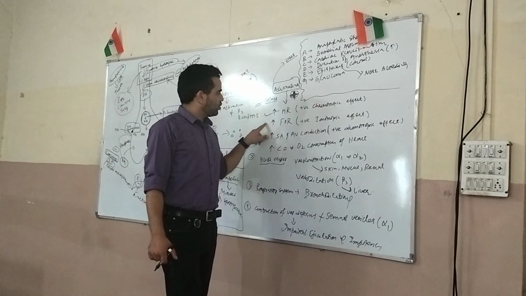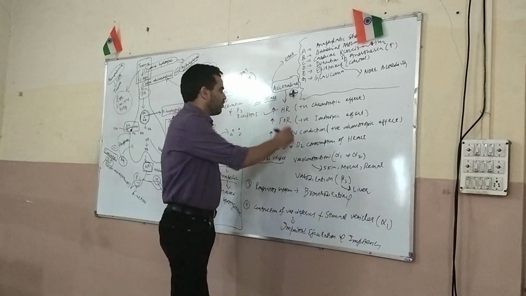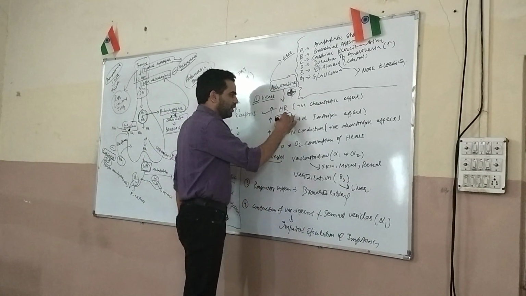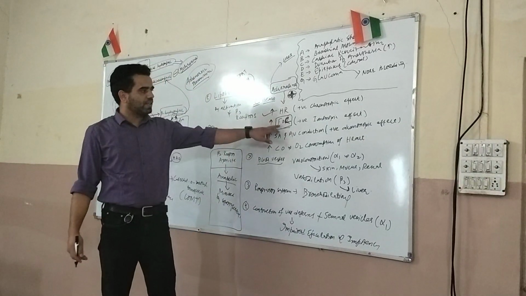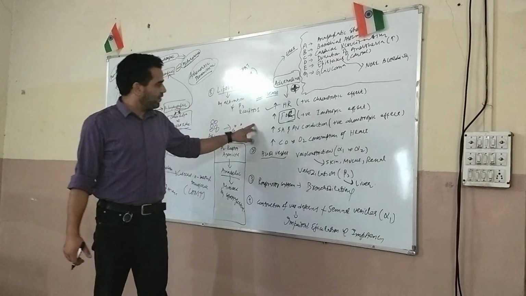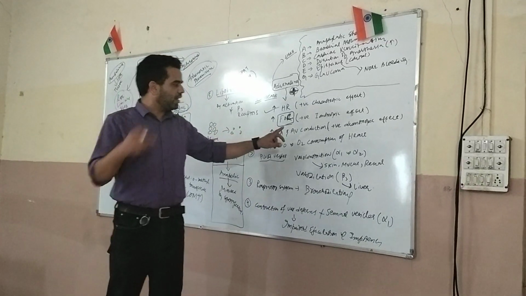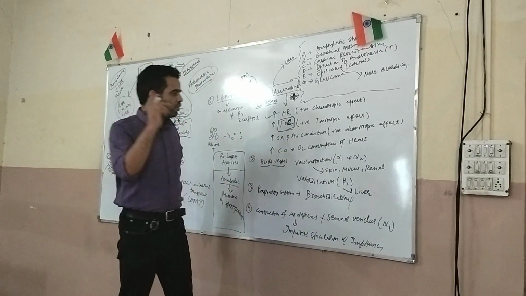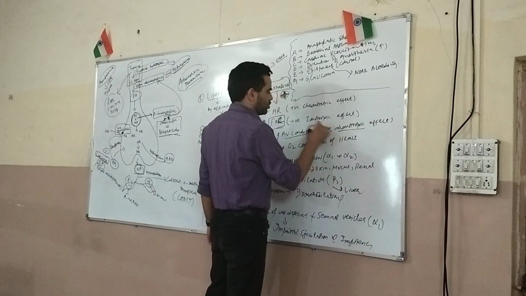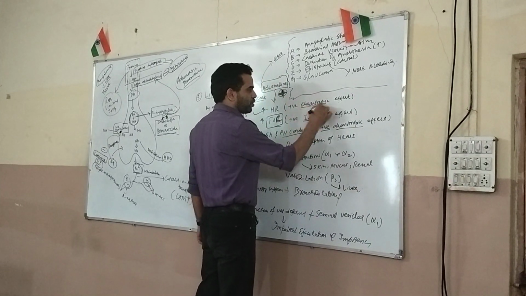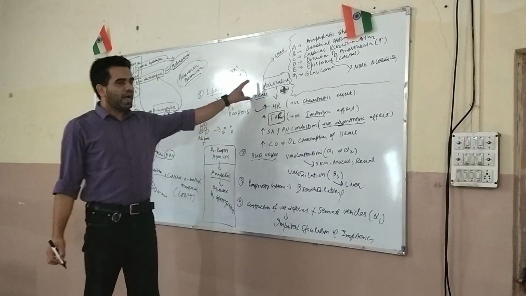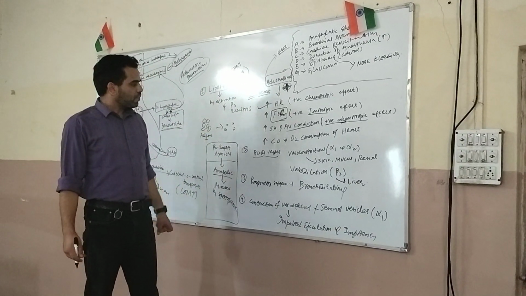Second, it will increase the force of contraction of the heart, which is called positive inotropic effect. Third, it will increase the sinoatrial and atrioventricular node conduction, which is called positive dromotropic effect. These are all the effects of adrenaline on the heart.